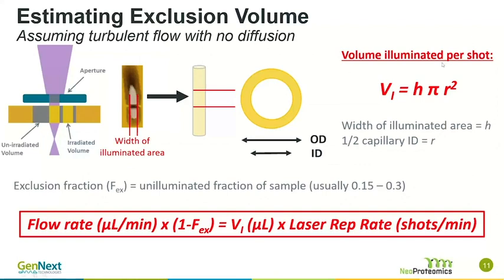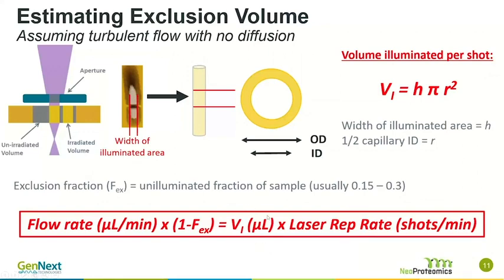Once you have that, then you can use this formula to determine what syringe pump flow rate and what laser repetition rate you need in order to get the exclusion fraction that you want. The formula is pretty simple. It's flow rate times your inclusion fraction, or 1 minus your exclusion fraction, so what fraction of sample do you want to be illuminated, equals your illuminated volume per shot times repetition rate.